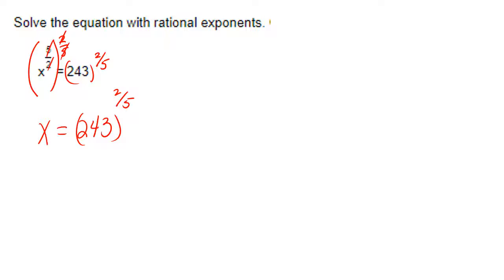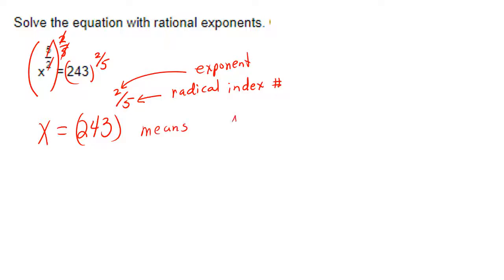However, if you remember, the bottom number will tell me the radical index number, and the top number is the true exponent. So this actually means the 5th root of 243, and then whatever you get squared.